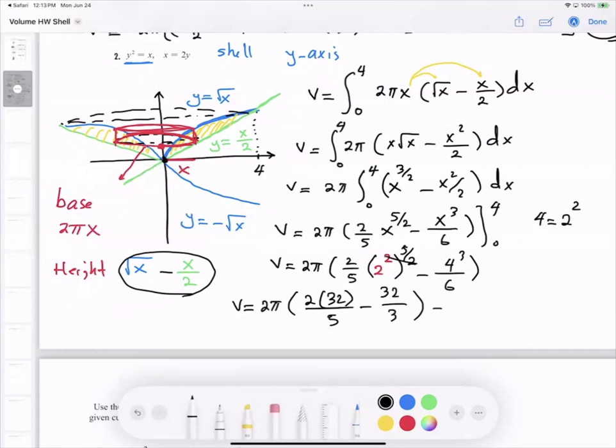Then you can factor out 32 as well. So you get 64 times 2/5 minus a third. And you get 64 pi divided by 15. So this is the volume of this object.